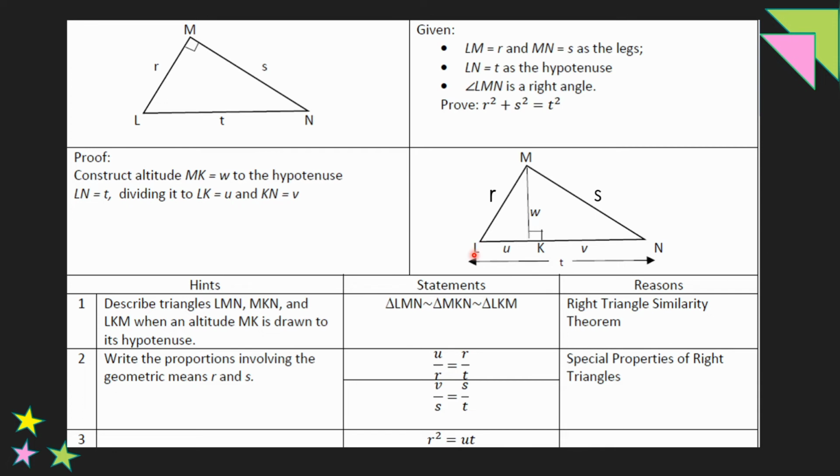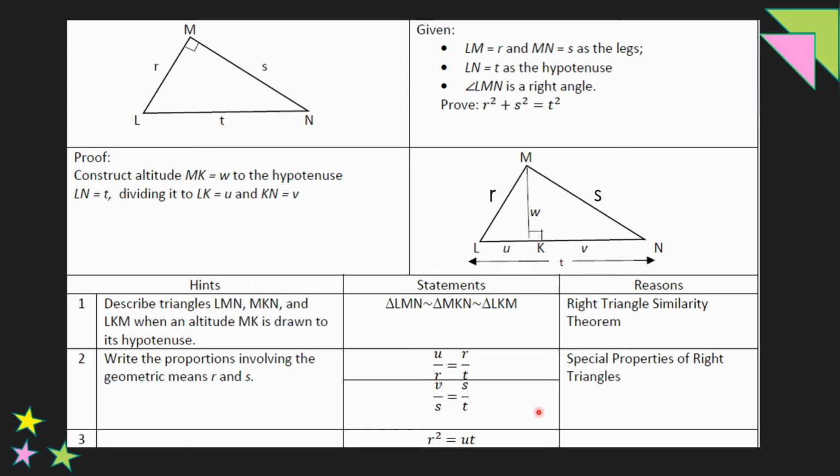R is the hypotenuse. Then this R is the leg of the original triangle, and T is the hypotenuse. So the ratio is shorter leg over the hypotenuse of the two triangles.